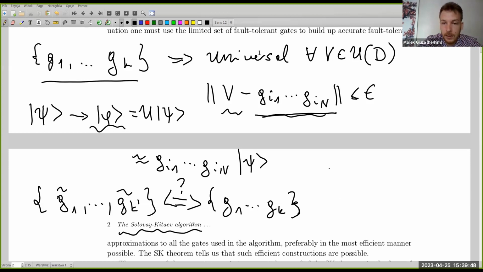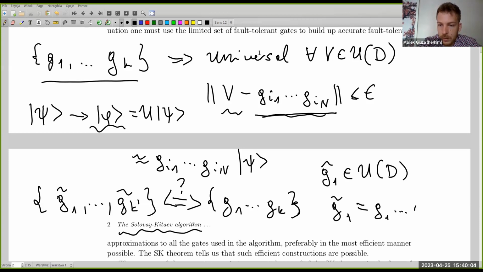And basically G1 is a unitary matrix. Again, maybe on some dimension D. And what we will have is that G1 tilde, we can approximate with our initial gate set G1 until GK, G_I1 until G_I sum n tilde.